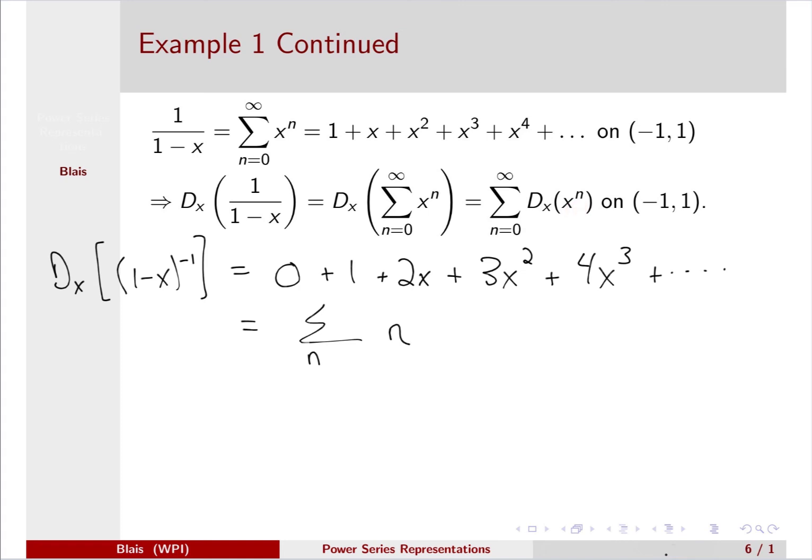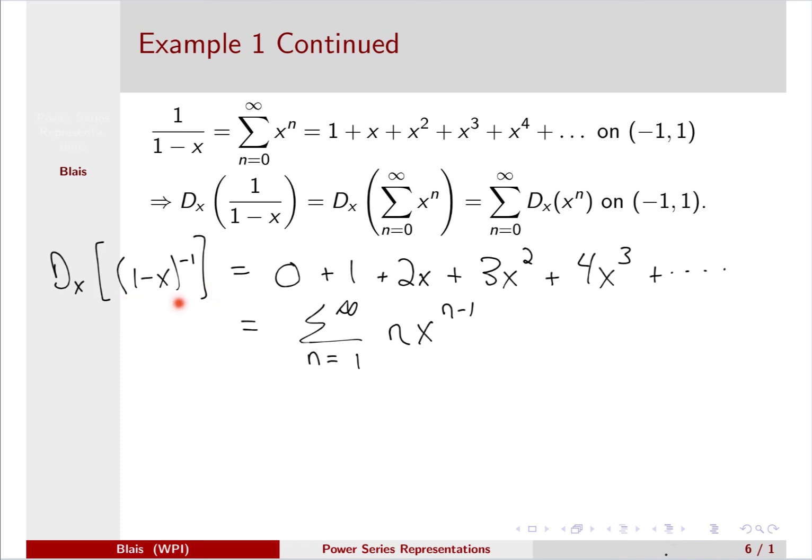We have n x to the n minus 1. And then you just have to figure out what's the starting value for the index n. We need the first term to be 1. So if we start at n equals 1, the first term will be, we can check, 1 x to the 0, or 1. When n is 2, we get 2x to the 1, or 2x. When n is 3, 3x squared. So we see we have it correct, and we can write it in sigma notation there.